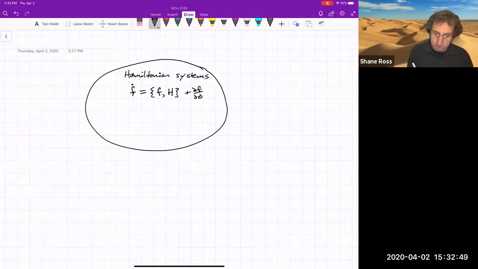And sometimes we're thinking of n as finite. Later, we'll even talk about n going to infinity, and you can write PDEs in this form.